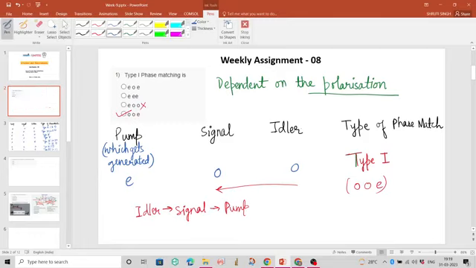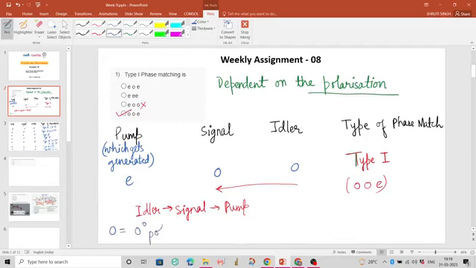So let me write here, O is equal to 0° polarization, E is equal to 90° polarization. Okay, so that was our first question. Let's see the next one.